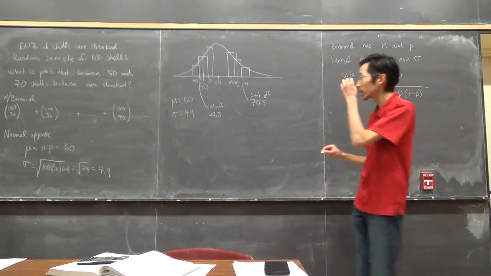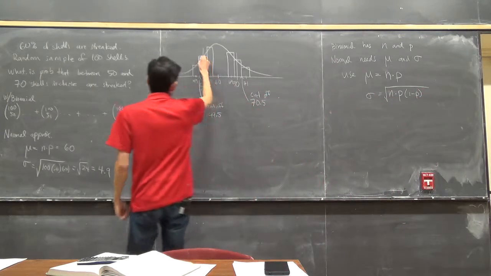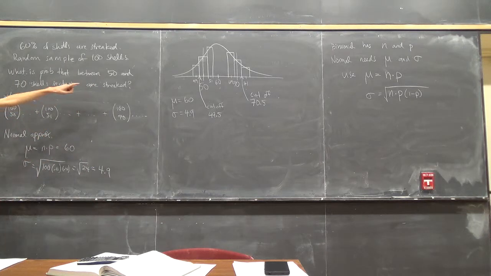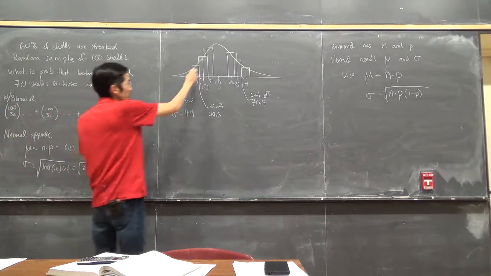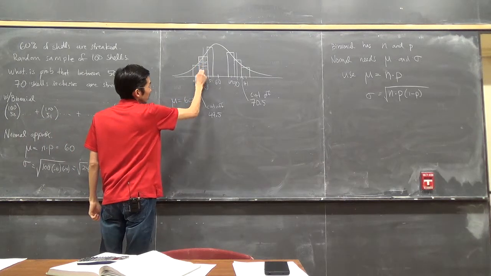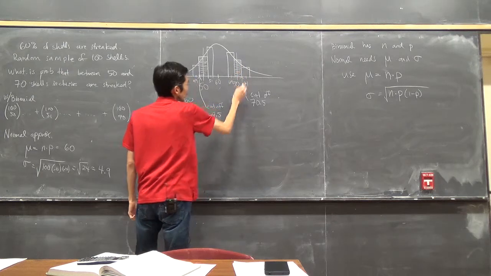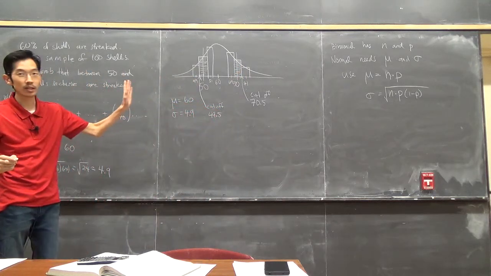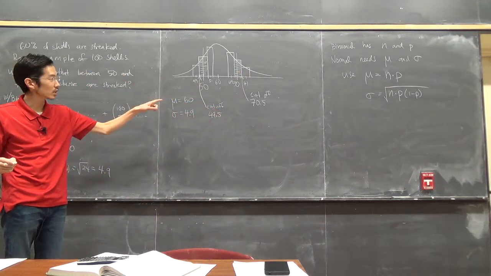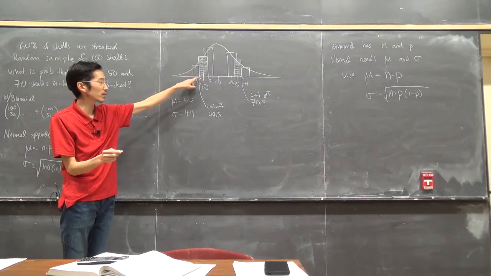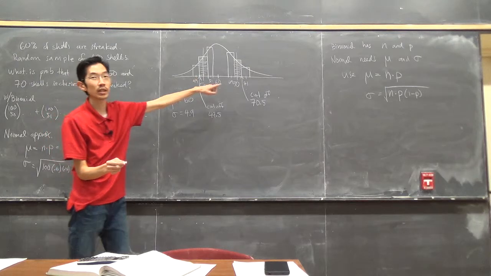So you always have to ask, do I want to include this bar? Because I'm saying between 50 and 70 shells inclusive, that means I want to include the bar for 50, and I want to include the bar for 70. So if you draw a bar centered at the number and you shade it in, that should clue you in to draw your cutoff at 49.5 and at 70.5.